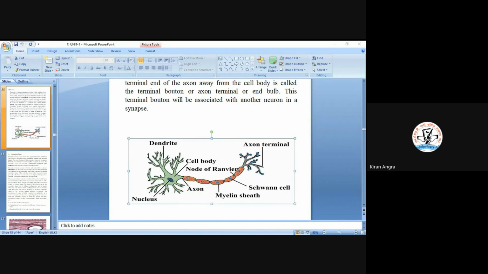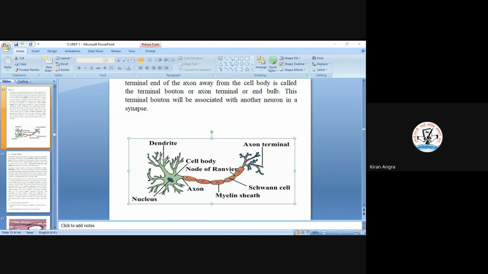The terminal end of the axon away from the cell body is called the axon terminal. From here it will associate with another cell body in a synapse. So this is the basic structure of the neuron, and this is common in every neuron, a unit of the nervous system.